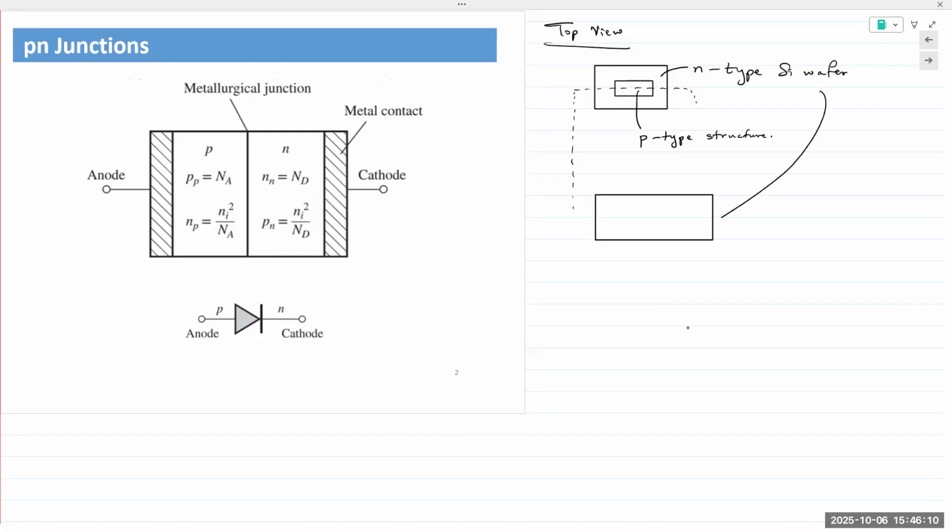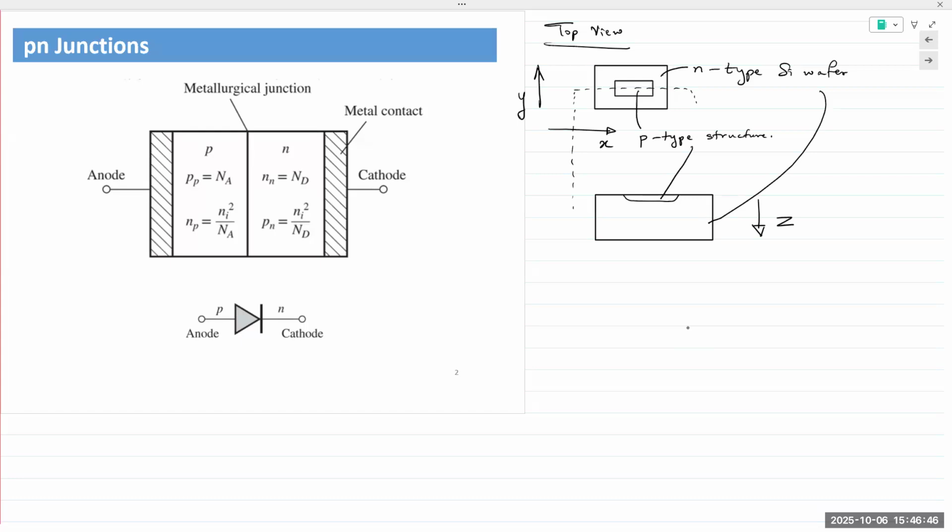This is the n-type silicon wafer, and then your p-type structure is here. It doesn't go too deep. Even this size is exaggerated in the z direction. So if this is y, this is x, then this going down is z.